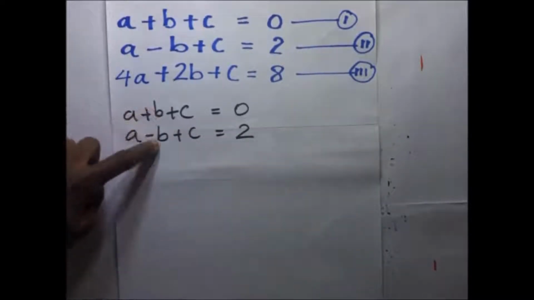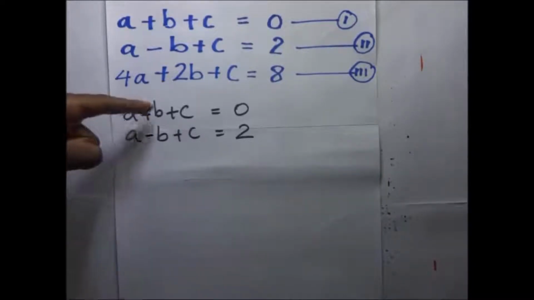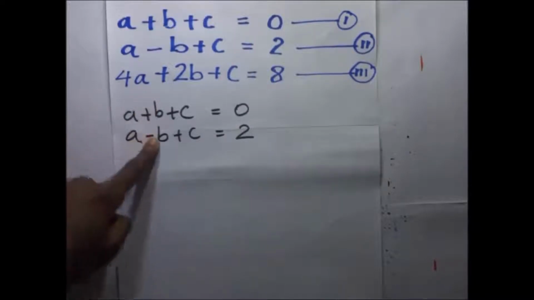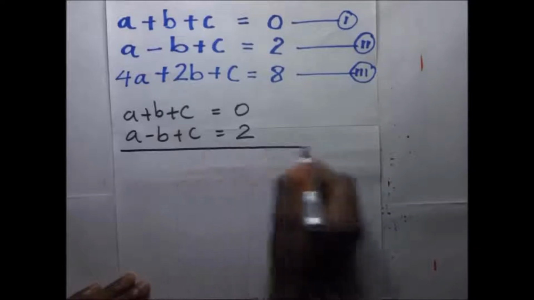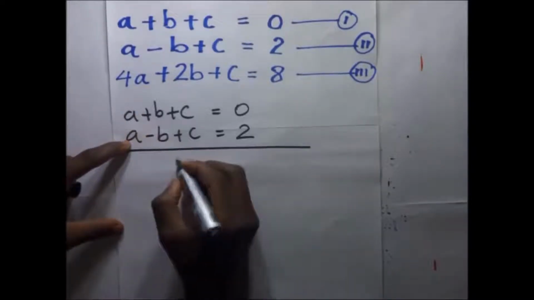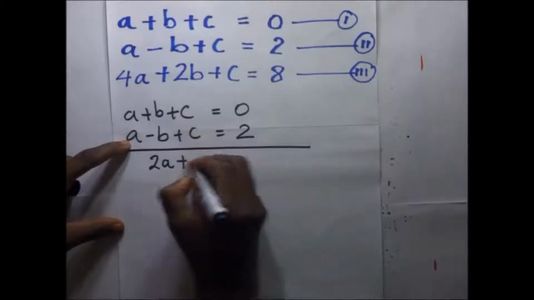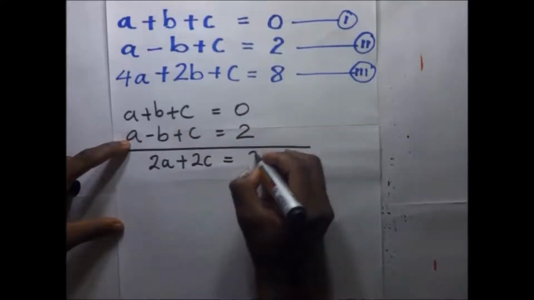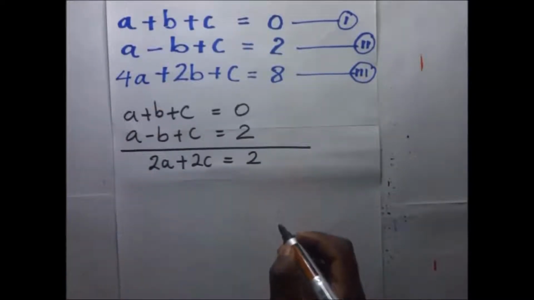Now if we are to eliminate b, if we simply add these equations, b plus b here, this will disappear. So if we add those 2 equations, we shall end up with a plus a, that is going to be 2a, c plus c is plus 2c is equal to 0 plus 2, which is going to be 2. So here we have our first equation.